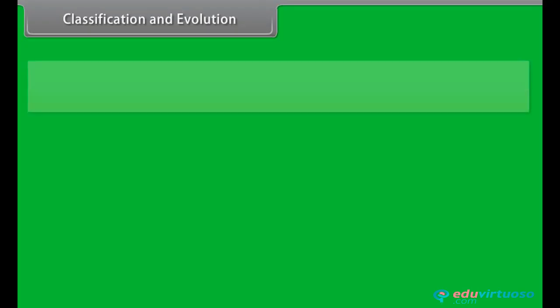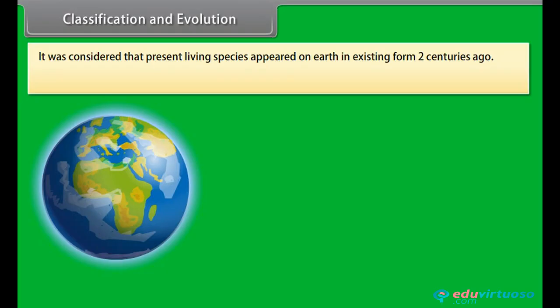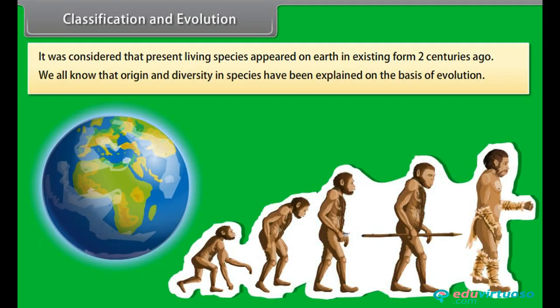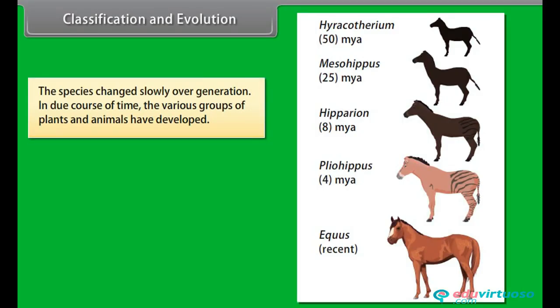Classification and evolution. It was considered that present living species appeared on Earth in existing form from 2 centuries ago. We all know that the origin and diversity in species have been explained on the basis of evolution. The species changed slowly over generations.